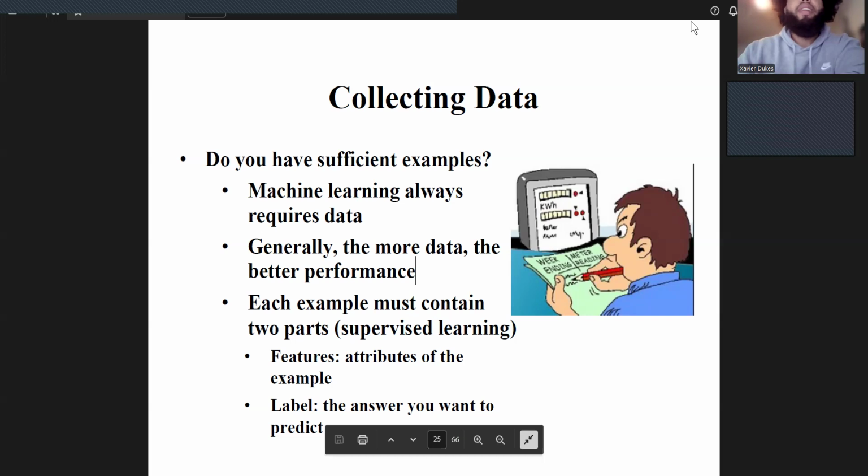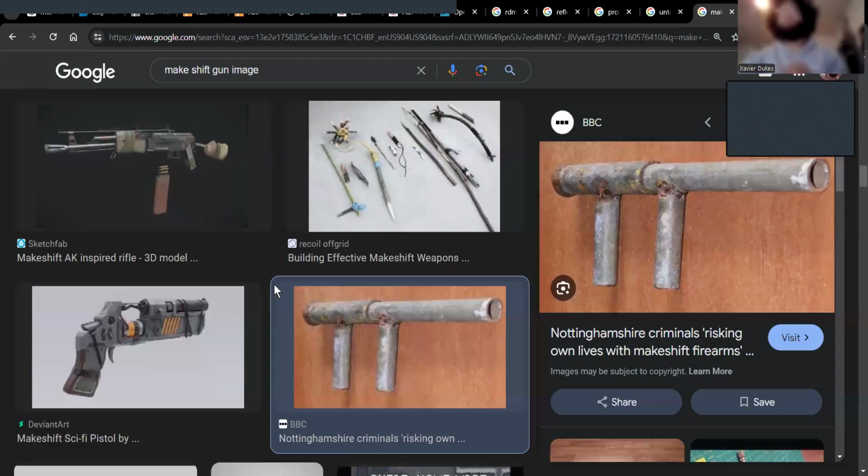These are all still fairly gun-like. Oh no. Oh, here. Let me reshare my screen. Give me just a moment. Okay, so you should be able to see my Google thing now.